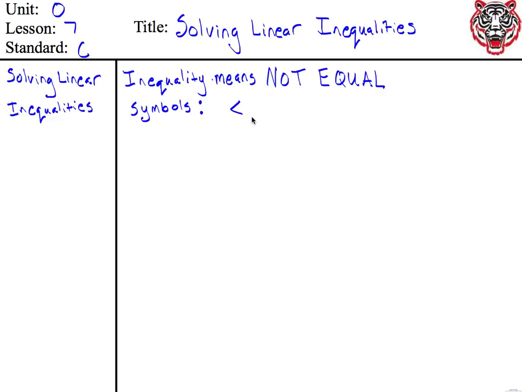How do I pronounce that symbol if I read it? This is less than. Therefore this one is greater than.